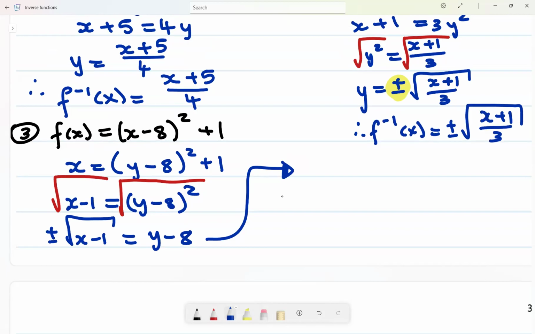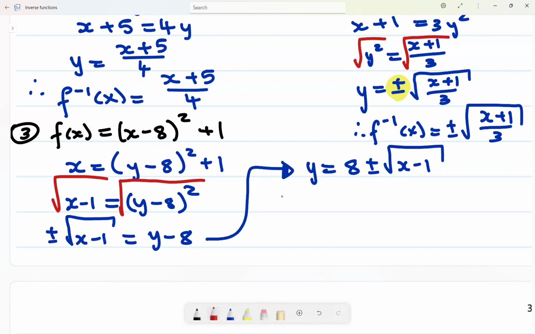Then here I continue and say, I have plus or minus x plus 1, but I need to isolate what? 8. This is negative. When it goes to the other side, it's going to be positive. So it's going to be 8. So we're going to say y is equal to 8 plus or minus what? X minus 1. Can you see I took this 8 to the other side?